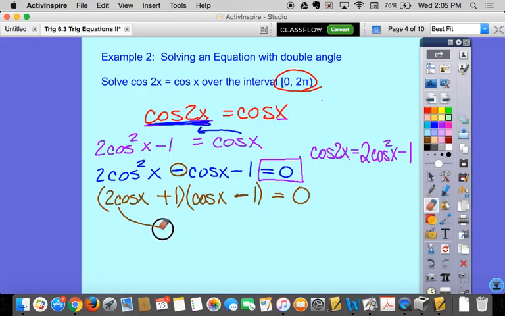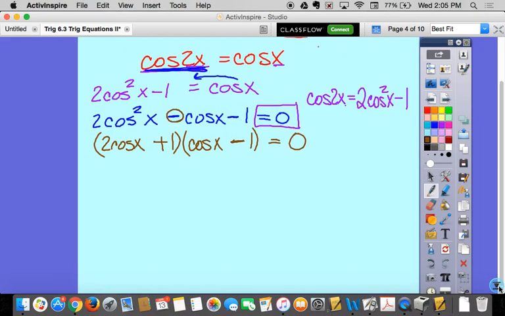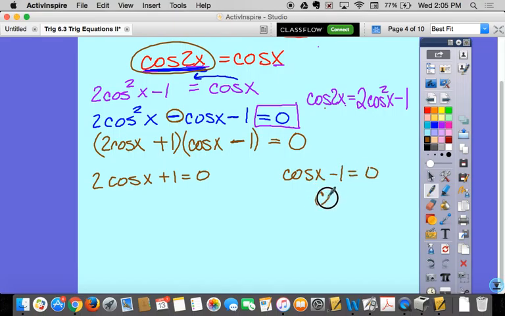So that's going to work out. Everything factors beautifully. I have 2 problems. I just need to set them up and solve them. So the hard part was working out with your substitution rule. So 2 cosine x plus 1 equals 0, and cosine x minus 1 equals 0.